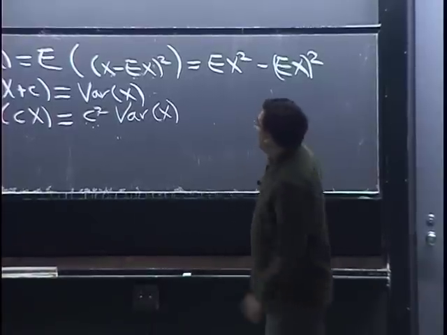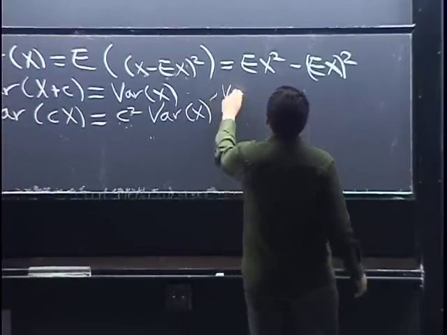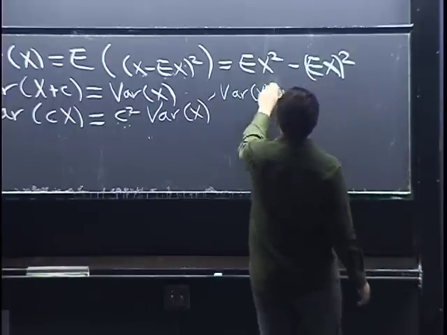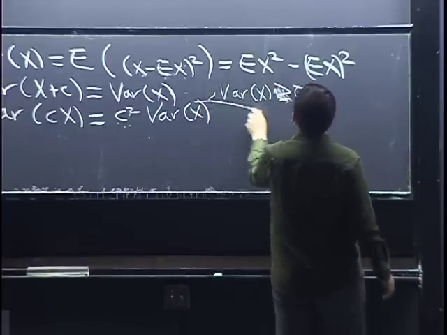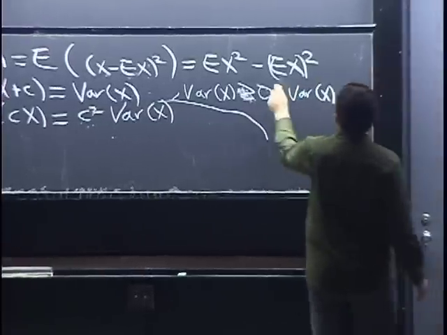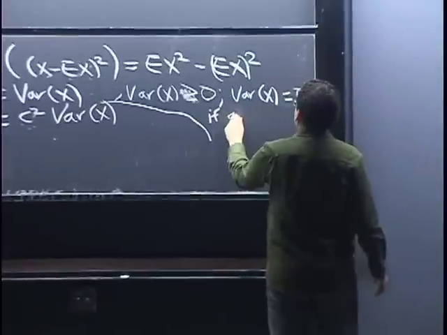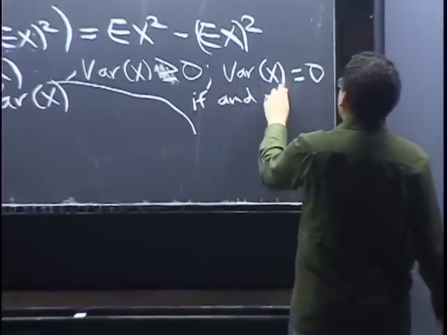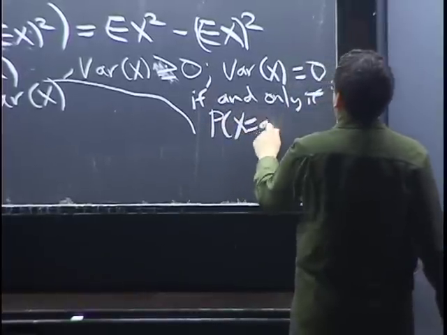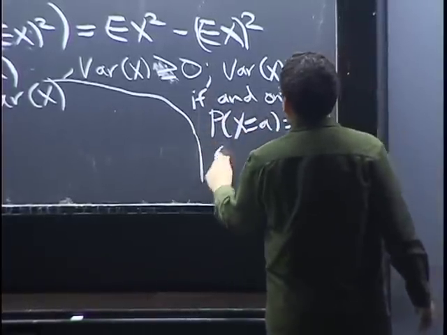And the only case where it could be 0 is if it's a constant. So it's always greater than or equal to 0, and the variance of X equals 0 if and only if X is a constant with probability 1. That is, P of X equals a equals 1 for some a.